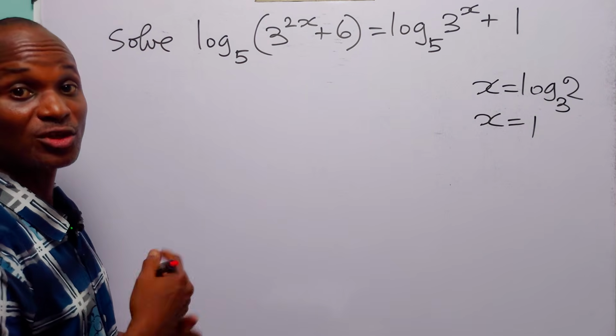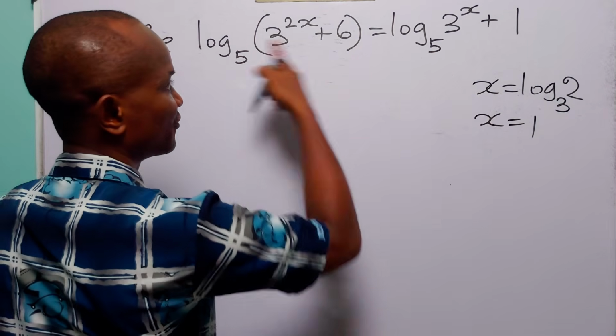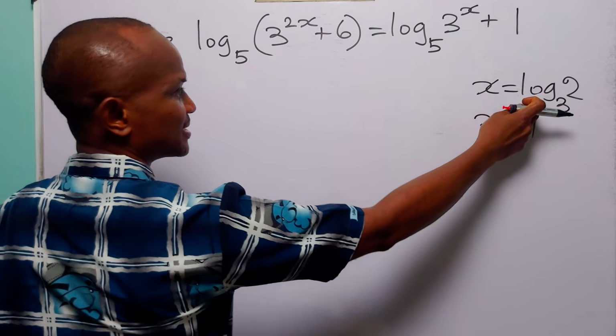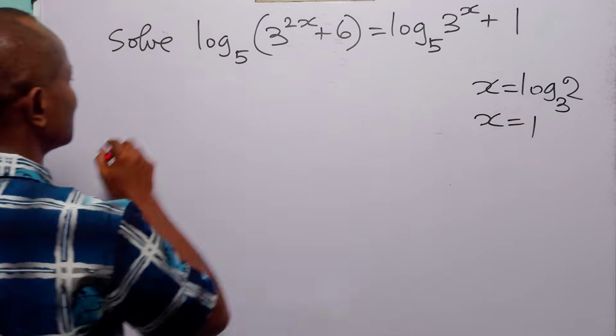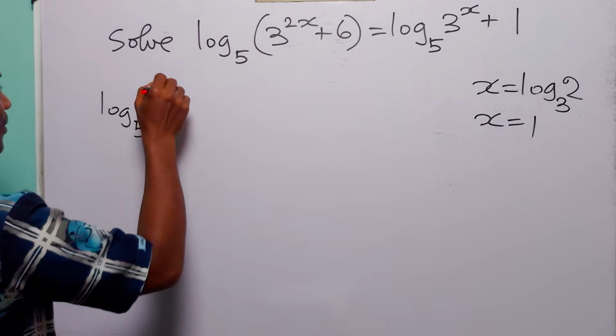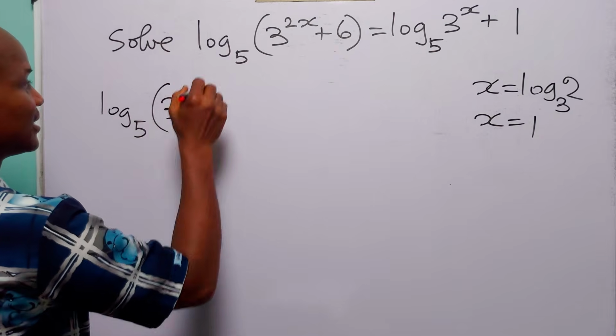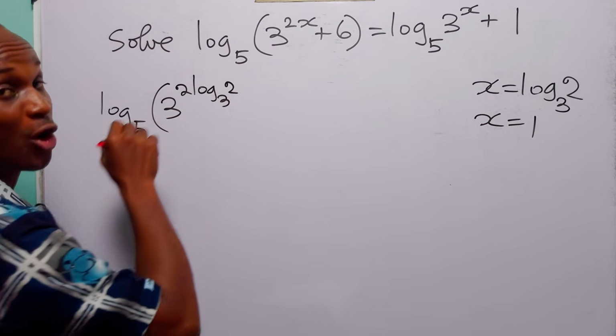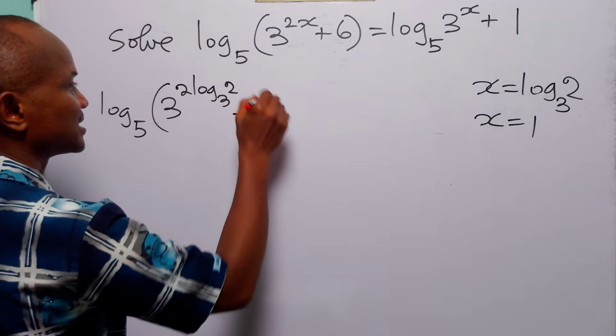Now to check our answer, let us substitute these two values of x in turn into the original equation. When x is equal to log to base 3 of 2, the equation becomes log to base 5 of 3 to the power 2 times log to base 3 of 2 plus 6.